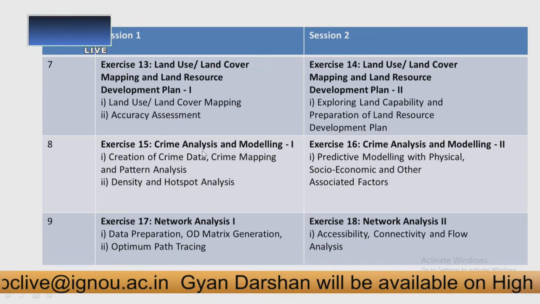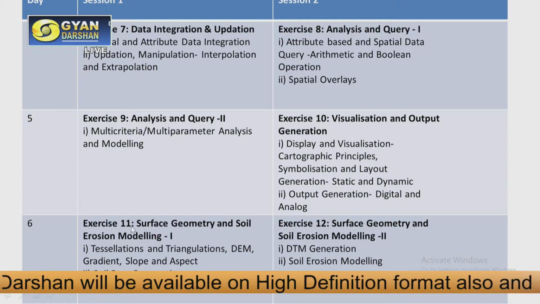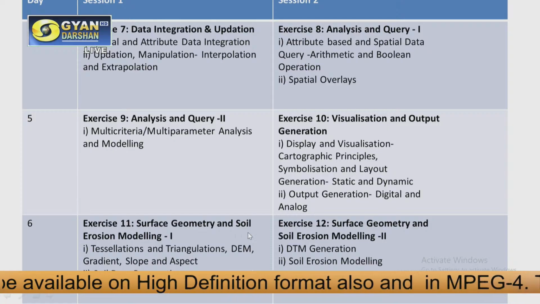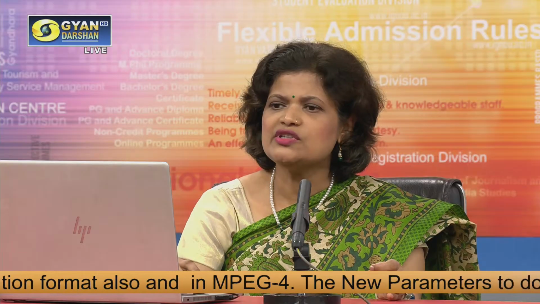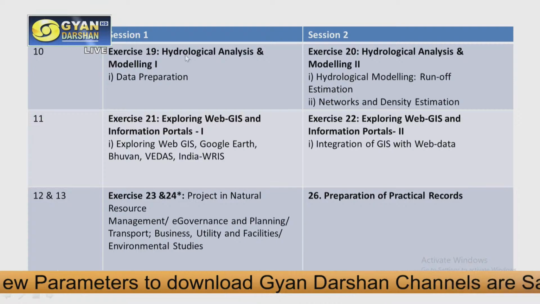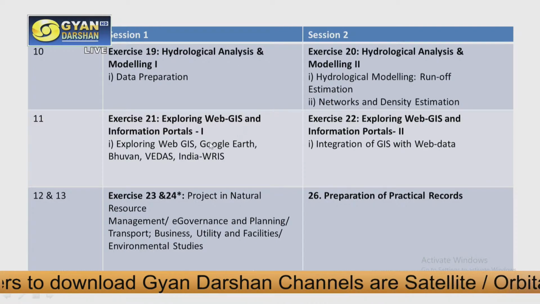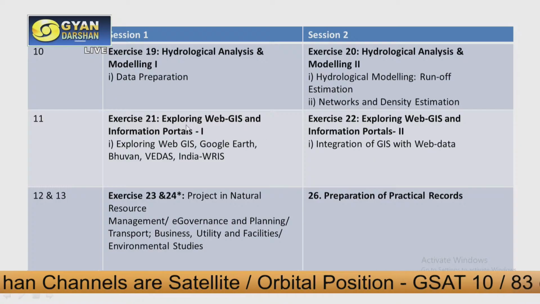Then we have some exercises dealing with the application of GIS and remote sensing, like soil geometry and surface geometry and soil erosion modeling, then land use, land cover mapping, crime analysis, network analysis. And after this we have hydrological analysis, and then we also give a detailed exercise, two exercises dealing with web GIS and information portals.